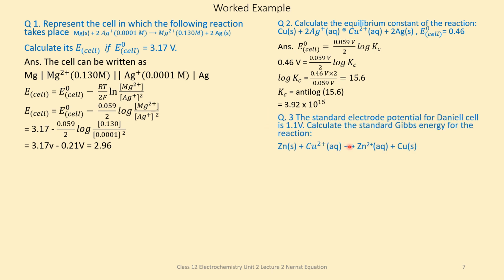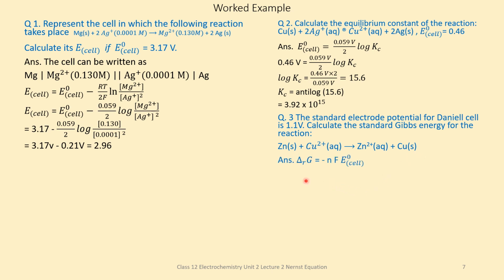Next question. The standard electrode potential for Daniell cell is 1.1 volts. Calculate the standard Gibbs energy for the reaction Zn(s) plus Cu2+ aqueous forming the product Zn2+ aqueous plus Cu(s).